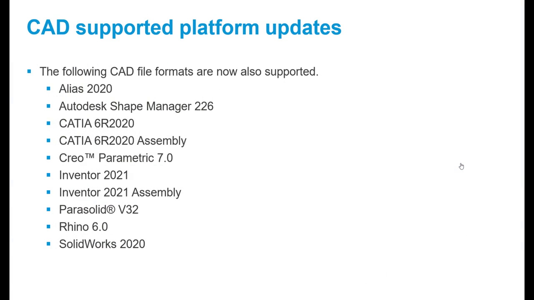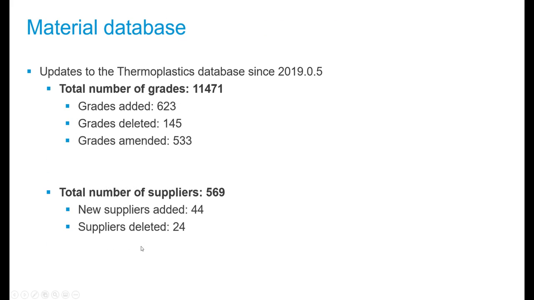Some other changes: we have now upgraded our CAD translators to these particular versions. I want to call out Creo Parametric 7.0, new CATIA versions, as well as SolidWorks. And we have upgraded our material database.